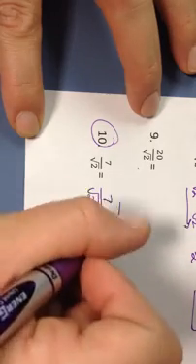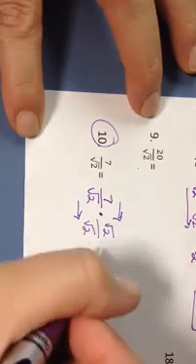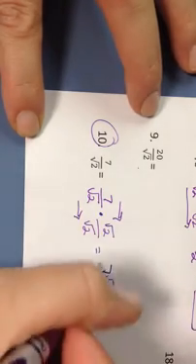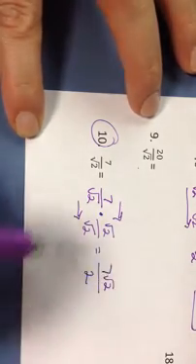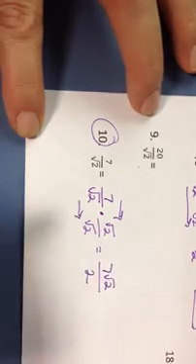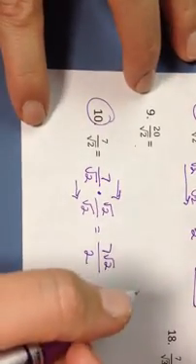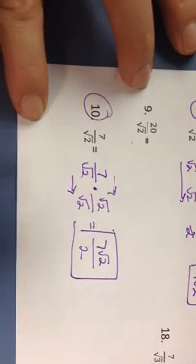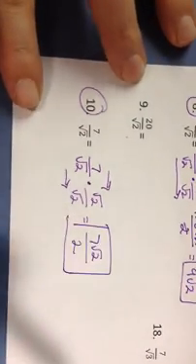We still multiply the top and the bottom. So 7 times the square root of 2 is just 7 root 2. Root 2 times root 2 is just 2. But this time, since I can't divide 7 by 2, I don't want to divide that one. I'm not going to make that 3.5 root 2. I'm just going to leave it as 7 root 2 over 2.